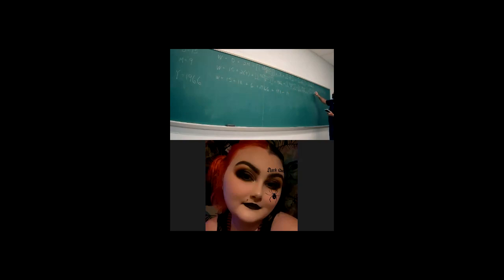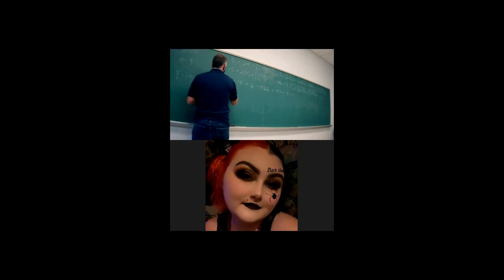Wait a second, that was 400. 1966 divided by 400. The greatest integer less than or equal to 4.915 is 4. So, all right. 15 plus, that's 4. Okay, got my number.